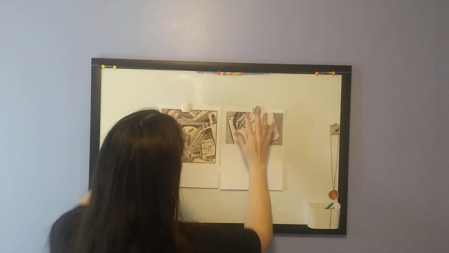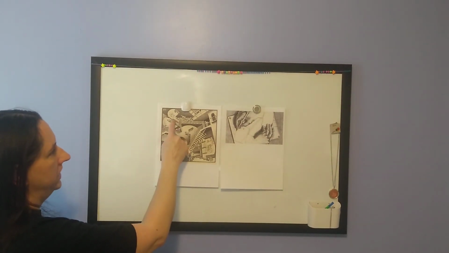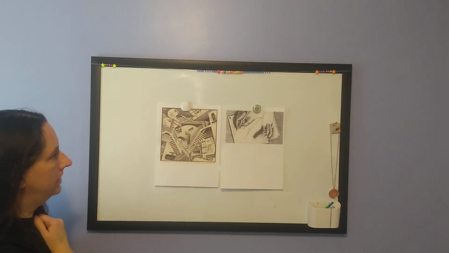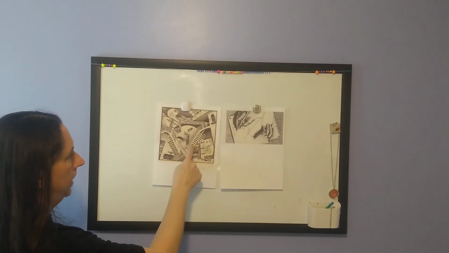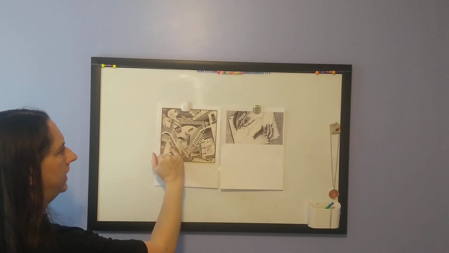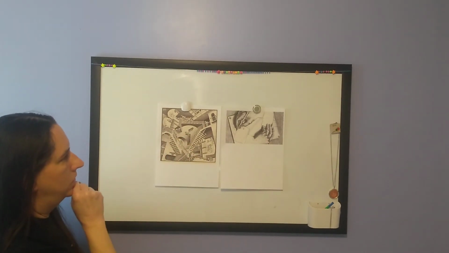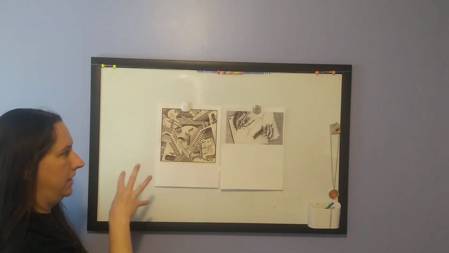So here are 2 examples of his work. One is his famous staircase, where if you follow the staircase, it's kind of like a continuation, but there's an upside and a downside to each staircase. So it's kind of wacky how he got it to mix like this.